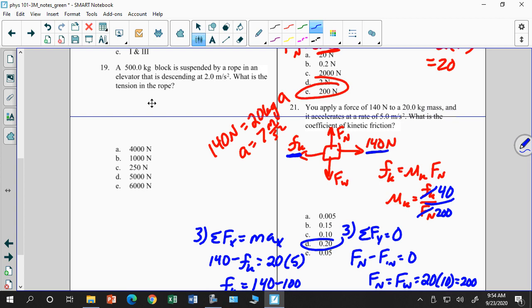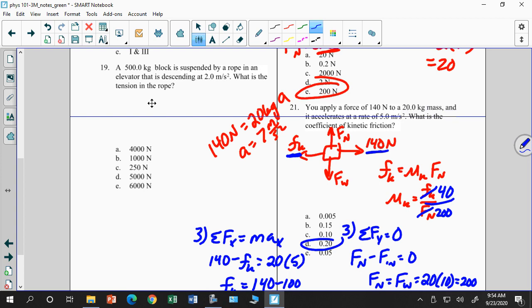No, be careful. You're thinking in the right direction. If this thing is descending, is the tension in the rope going to be more or less than the weight of the object? It's descending, it's going down. It's going to be less.